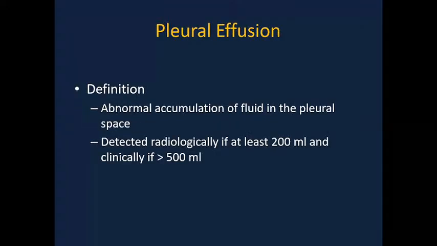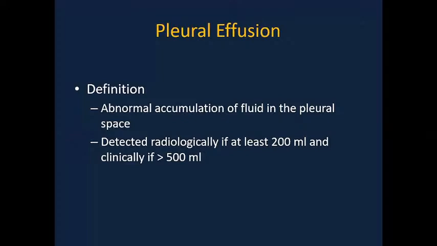So pleural effusion is an abnormal accumulation of fluid in the pleural space. There is a small amount of fluid, up to 10 ml, in just a normal, but once it accumulates, then we consider that abnormal, and that's what is referred to as a pleural effusion.